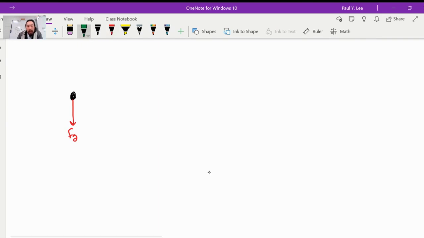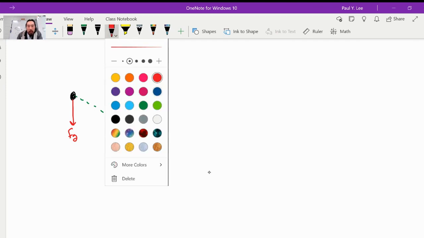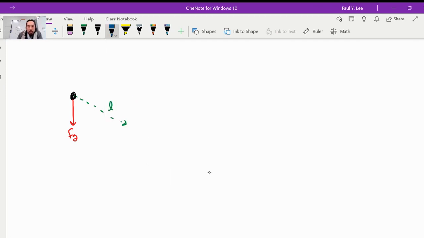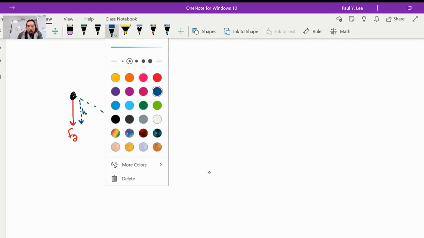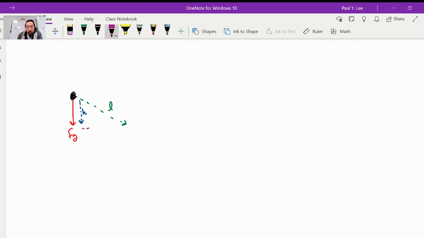We know that the object is going this way overall, so I'm going to call this L for the length of the ramp. That L can be broken down into its components: the vertical component, going down a height of h, and going right by delta x, a change in the x position. So this h is like a delta y.